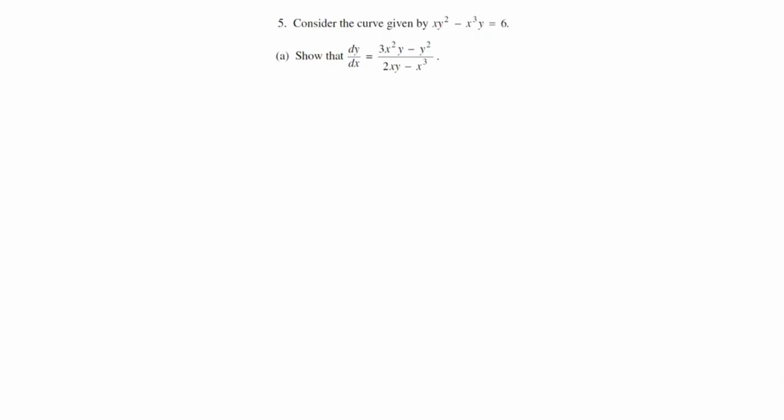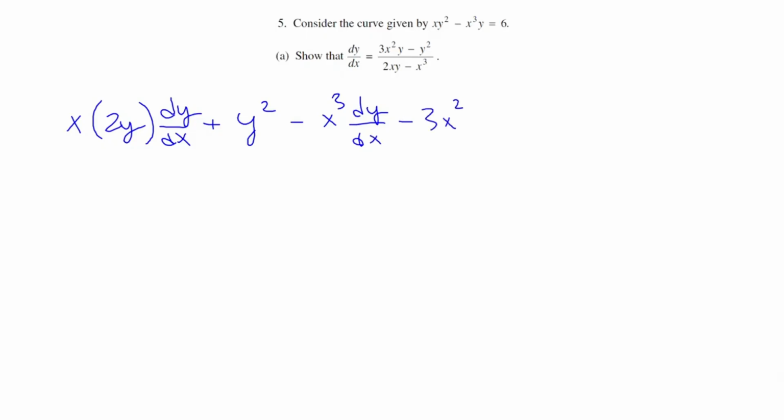So the xy squared will become x times the derivative of y squared with respect to y times the derivative of y with respect to x. And then plus the derivative of x, which is just 1, times y squared. And then we'll have minus x cubed times the derivative of y with respect to x. And then minus a 3x squared for the derivative of the x cubed part times y. All equal to 0. Don't forget to take the derivative of what's on the right-hand side.